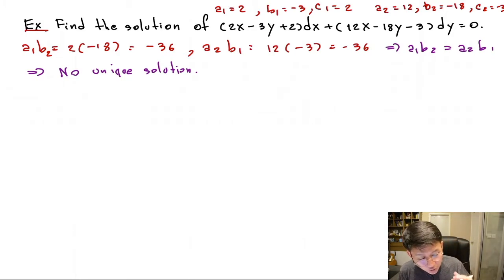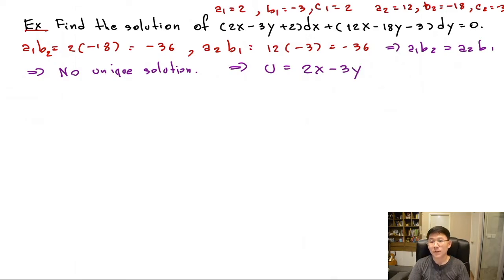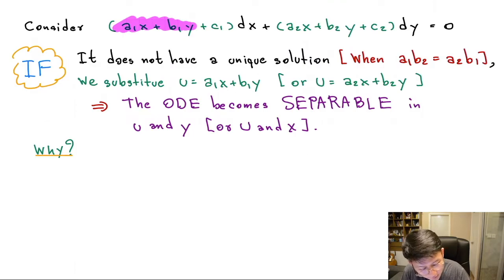Okay, so there's no unique solution, so I'll let u be 2x minus 3y. Okay, right? This is what I told you. I'll let u be this guy, and then it becomes separable in u and y.